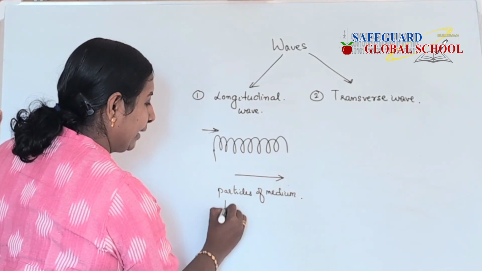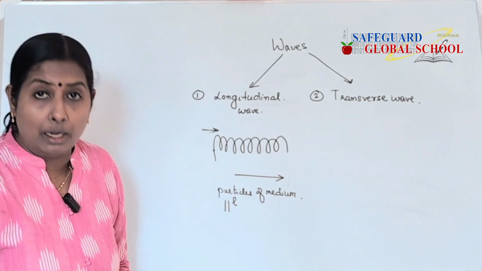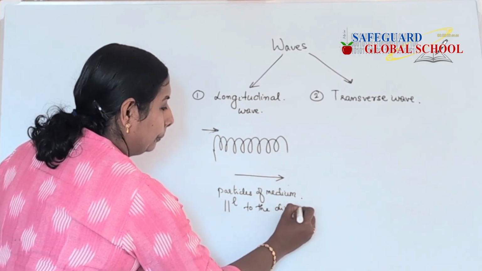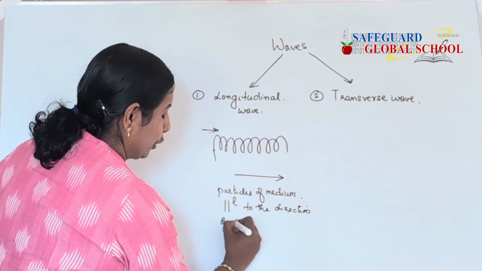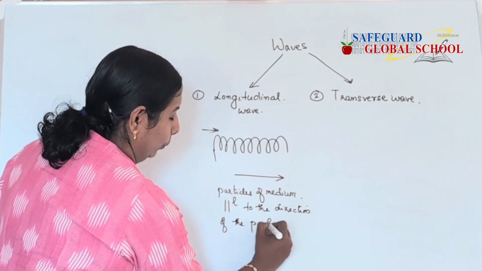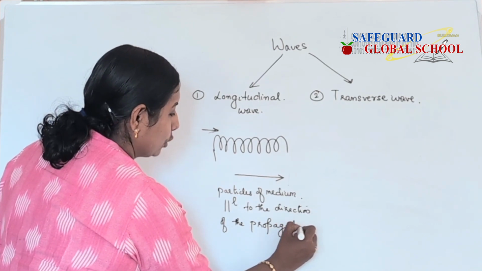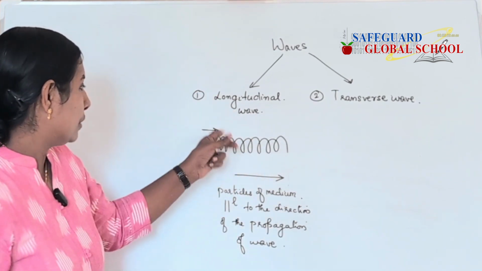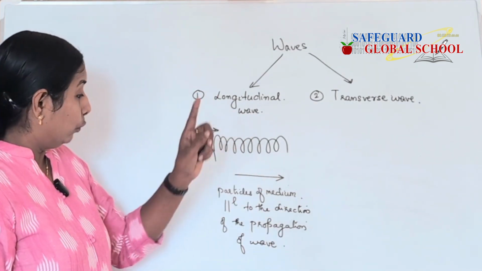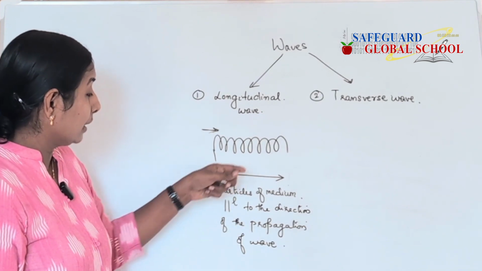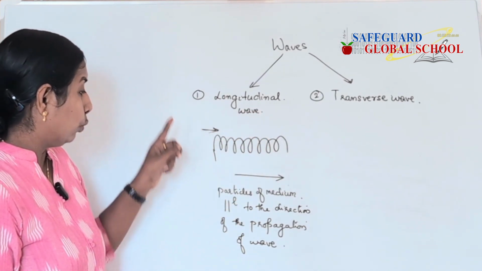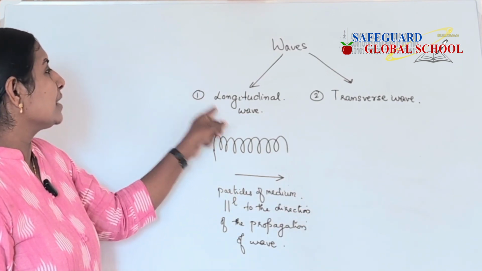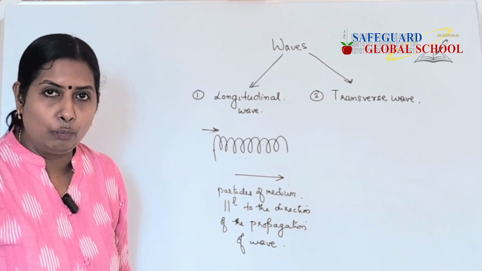So, the particles of the medium vibrate parallel to the direction of propagation of the wave. Such a wave is called a longitudinal wave. So, children, what do you mean by a longitudinal wave? A wave in which the particles of the medium are vibrating parallel to the direction of propagation of the wave. Such a wave is called a longitudinal wave.